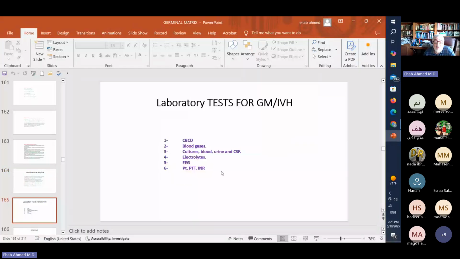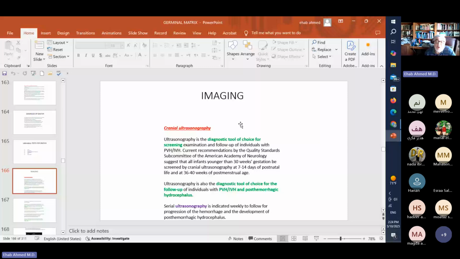And of course, you have to do other labs like CBC and differential to see if there are low platelets, and blood gases, because they will affect the occurrence, prognosis, and severity of GM-IVH. You have to rule out sepsis, check electrolytes, blood sugar. You might need to do EEG, especially if the baby is having seizures, and coagulation studies to rule out coagulation disorders. So cranial ultrasound is the gold standard.